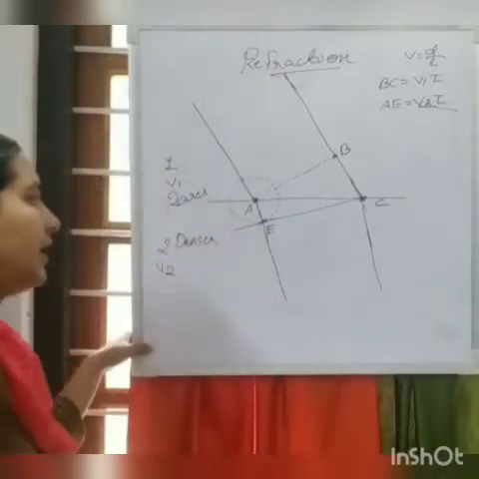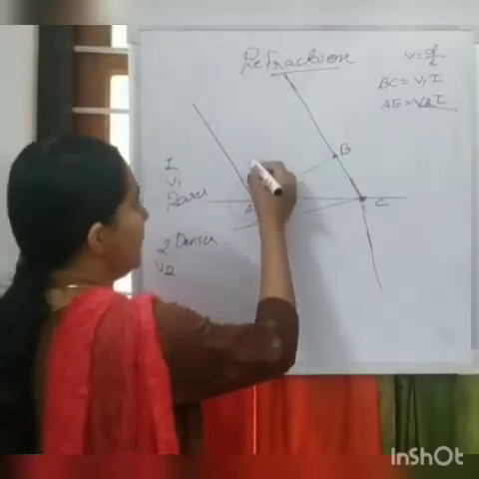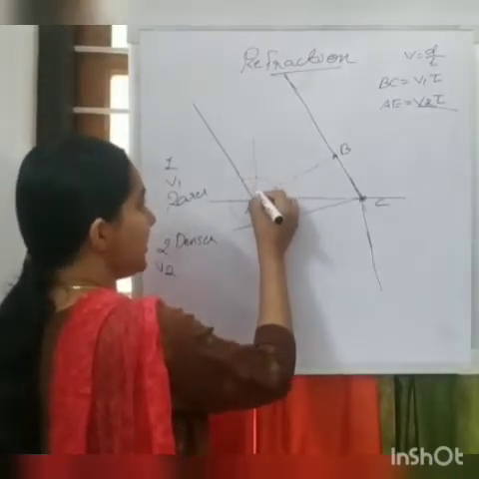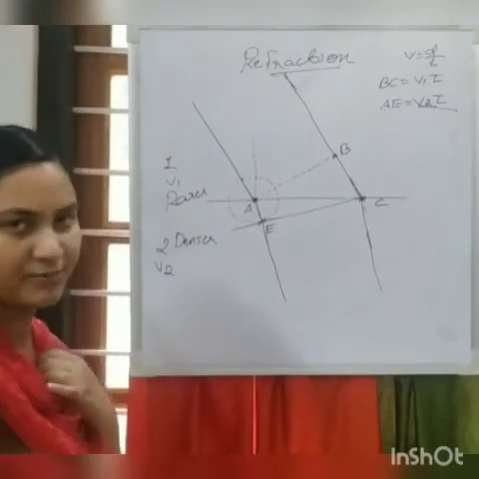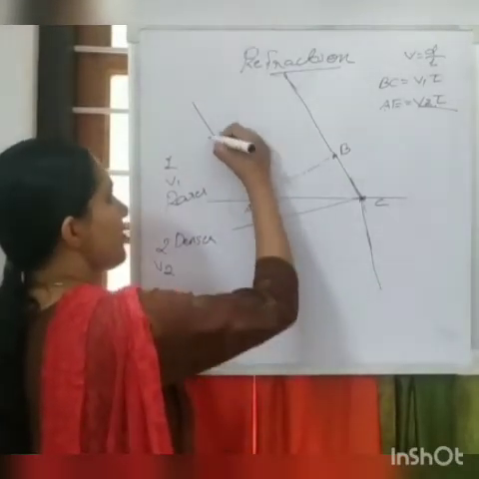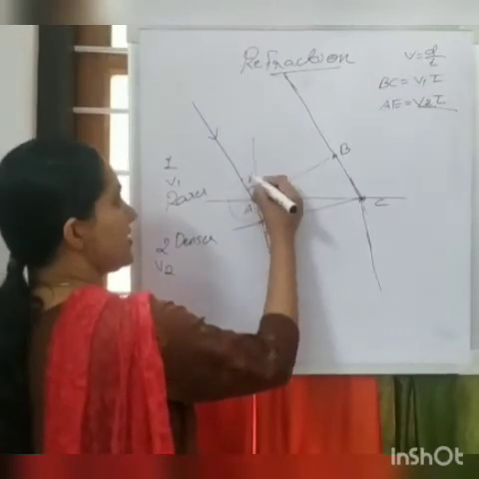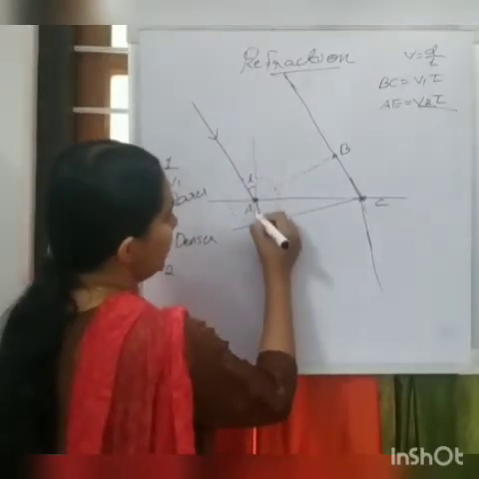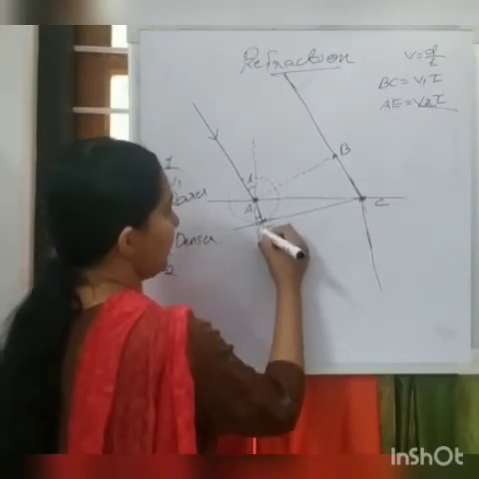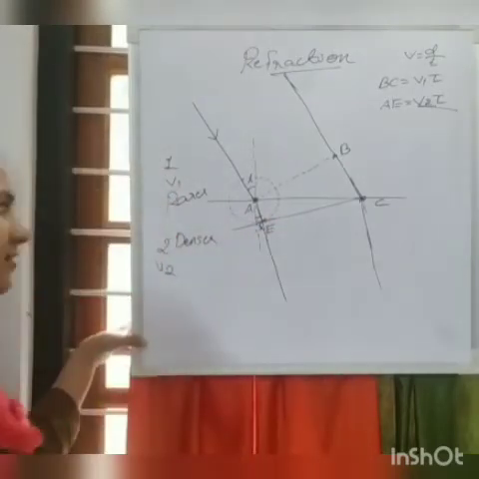Okay. Now, to prove the law of refraction, we need angle of incidence and angle of refraction, isn't it? Angle of incidence is the angle between incident ray and the normal. This is I, and here between the normal and refracted ray is R, angle of refraction.